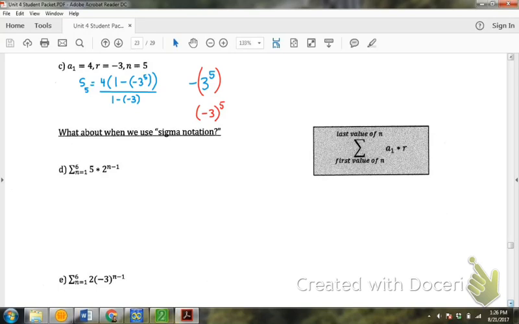Put negative 3 in parentheses first, and then raise it to the 5th power. What is negative 3 raised to the 5th power? Negative 243. Anybody else get negative 243?